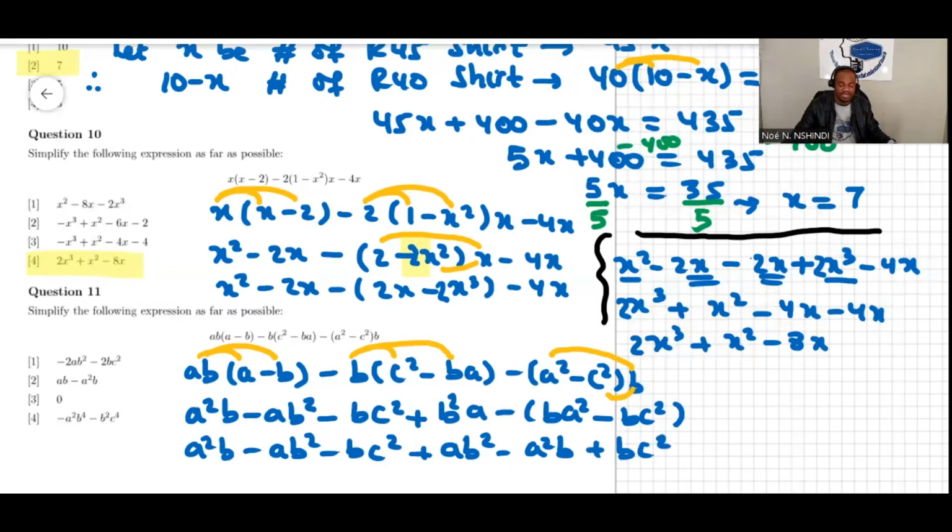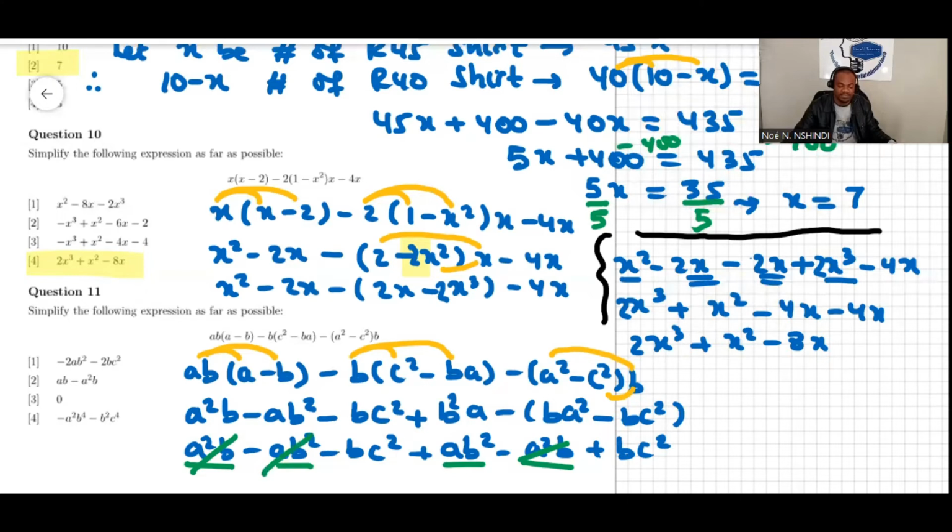Now let us underline like terms. We have A squared B there, and another A squared B over here. This is positive and that's negative, so the two cancel out. Now in terms of AB squared, we have this one and that one, which have opposite signs, so they cancel out.